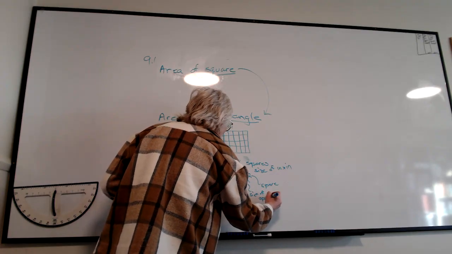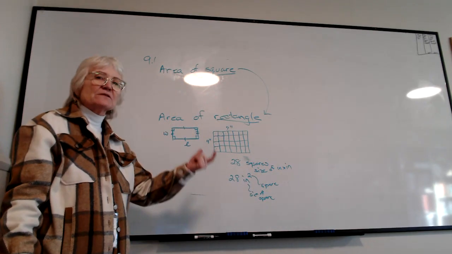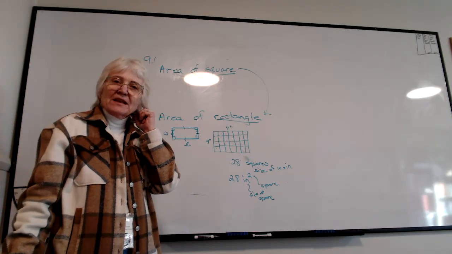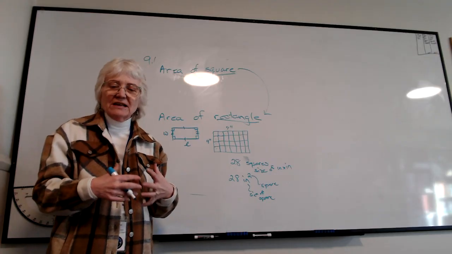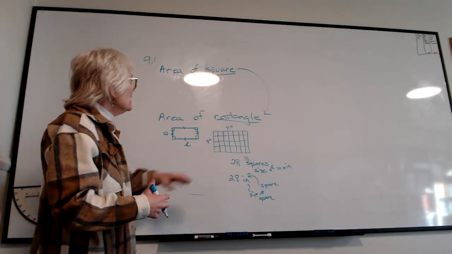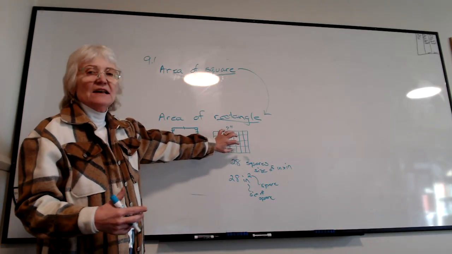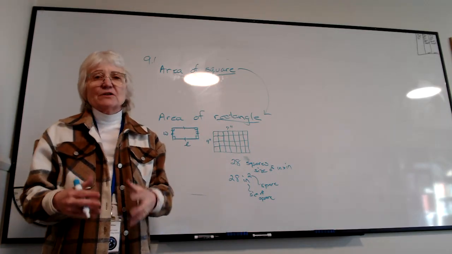And that's really why we say inches squared, because we are measuring with inches squared inside of there. Okay, so that's what we're actually looking at, is how many of those little squares, 1 inch by 1 inch, are inside that figure.